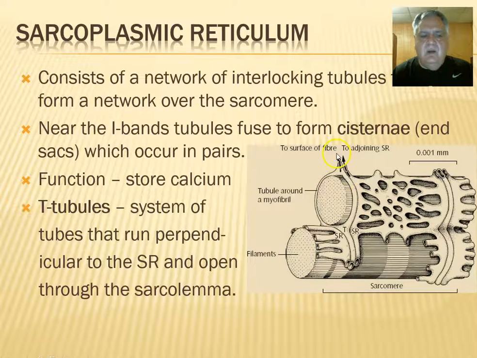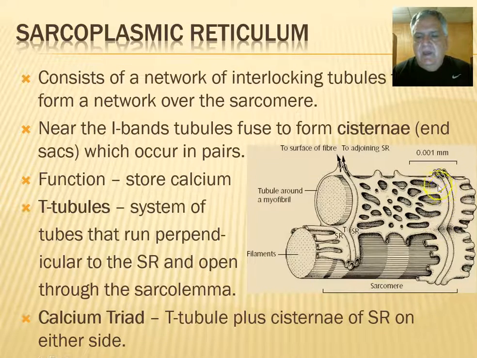They're going to open to the surface of the muscle fiber. And remember, a muscle fiber is a cell, so the surface is going to be the plasma membrane. The plasma membrane of a muscle fiber is referred to as the sarcolemma. Remember, an alternative name for the plasma membrane is the plasmalemma. And here, we're designating that this is a muscle fiber or muscle cell, using the Greek word sarco, meaning flesh. So this is the sarcolemma, the plasma membrane of the muscle fiber.